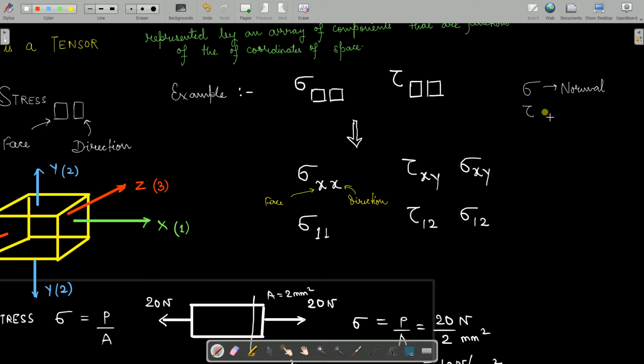We use tau for shear stresses. But there is no harm if you represent tau with sigma, because some people use sigma and tau interchangeably. Actually sigma should be used for normal and tau should be used for shear, but people use them interchangeably, so don't get confused.